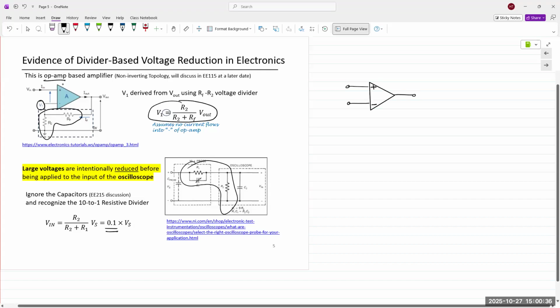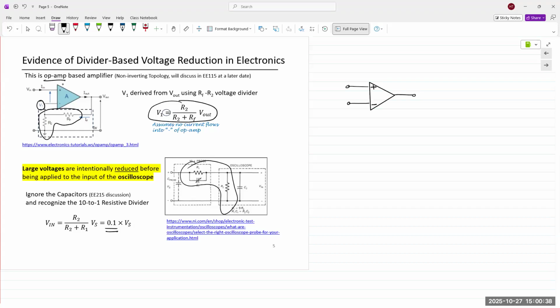Technically, let's say the oscilloscope can measure up to 20 volts. But if you connect a 10:1 probe at the front end, then you can measure up to 200 volts, because any voltage you apply at the probe tip is going to step down to 10%.